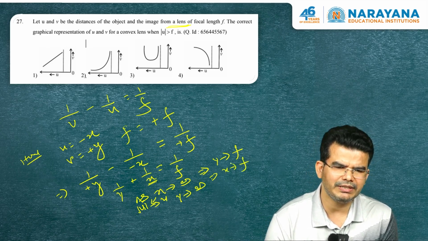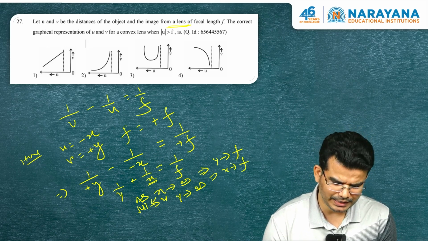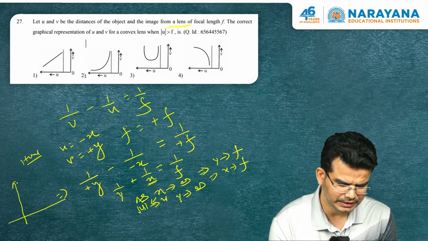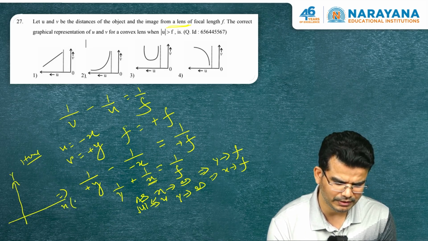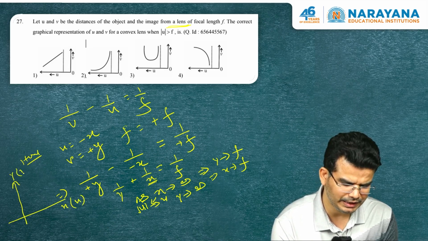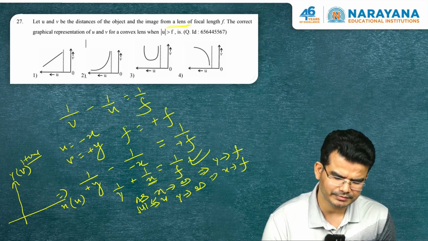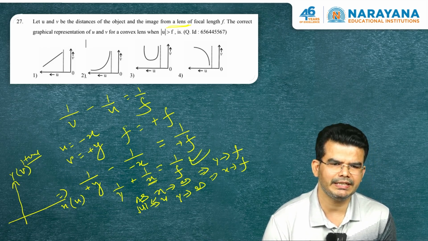Now from here, the correct graph can be drawn. Let this be y and this be x, where x is actually u and y is actually v. This graph is obviously non-linear, because the relation is 1/y plus 1/x; it is not a straight line.